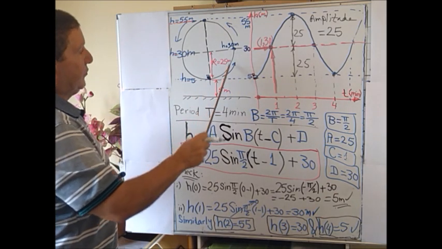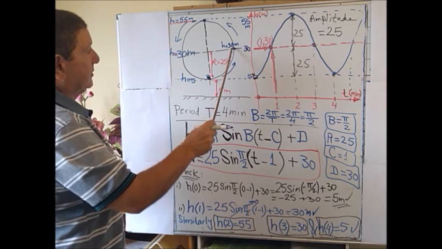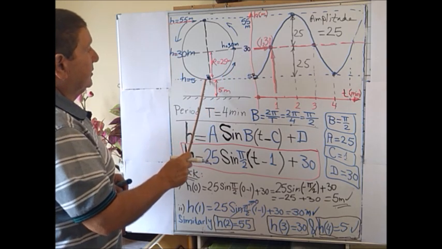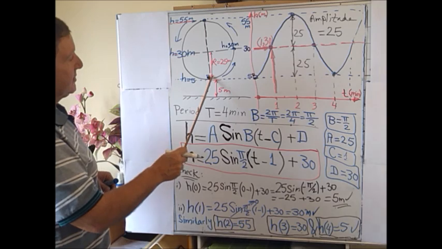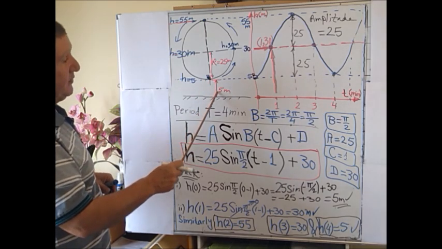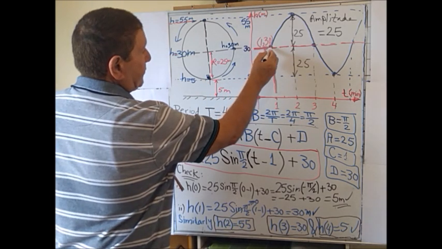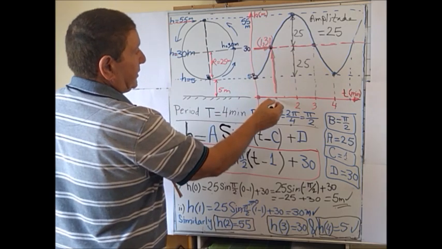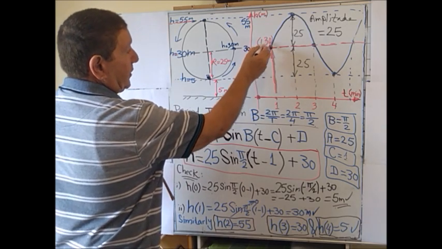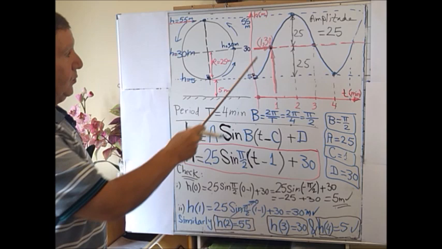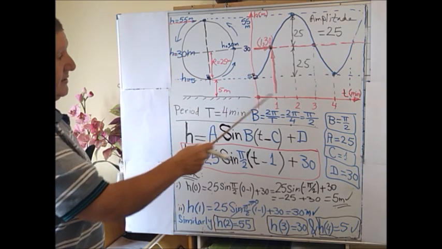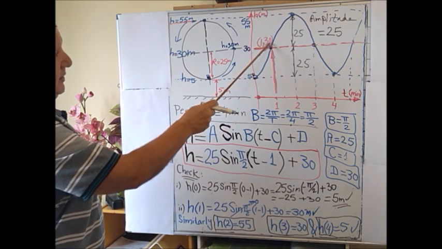When it starts moving, after 1 minute, your height is now 30 meters, the radius plus 5 meters. That is, the time is 1 and the height is 30.